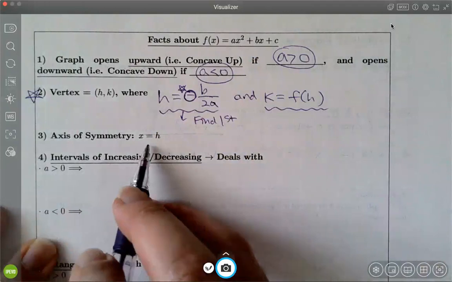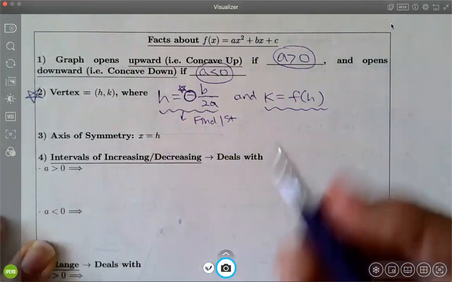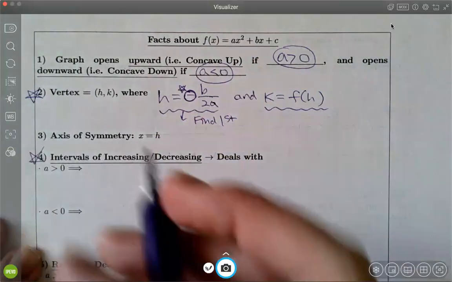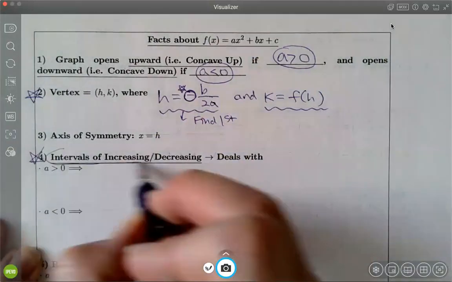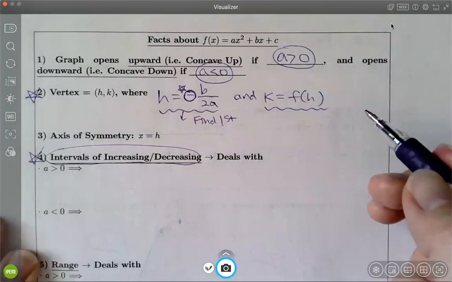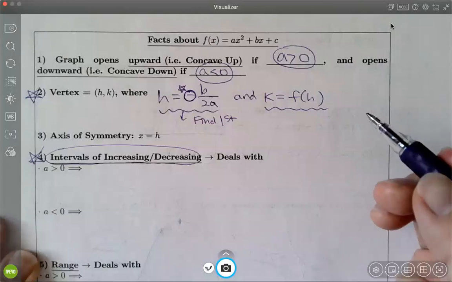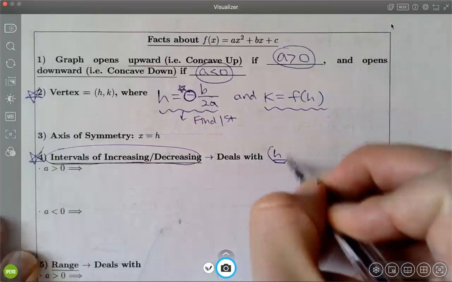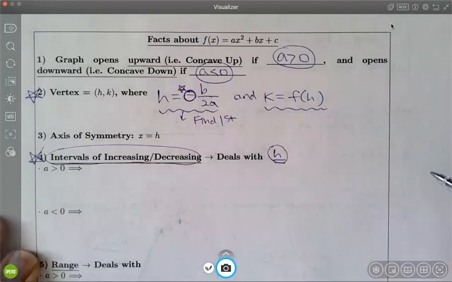Okay, and now here's another tricky part: intervals of increasing and decreasing. Whenever you see intervals of increasing and decreasing, you always have to remember that this deals with h, the x value from the vertex. Now, there are two cases: A is positive and A is negative.